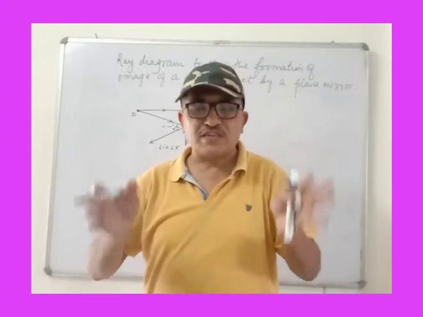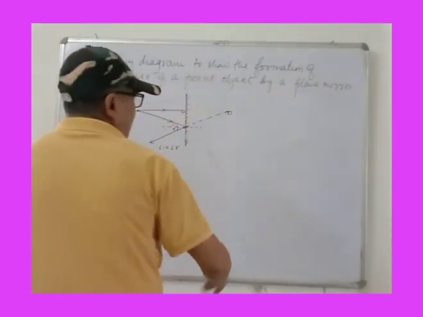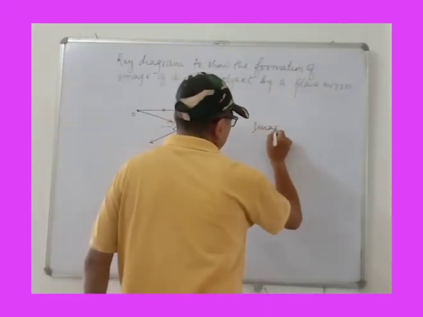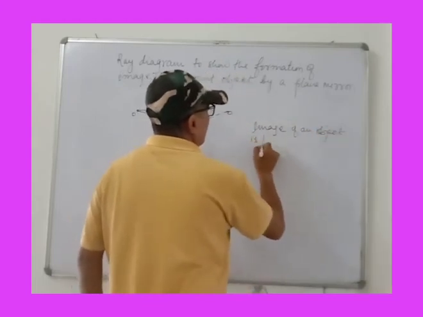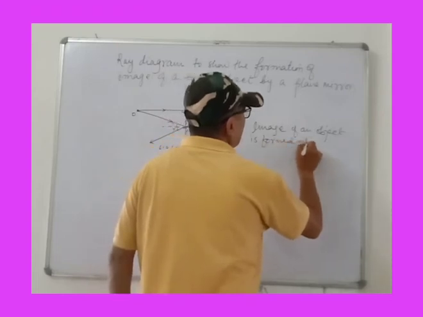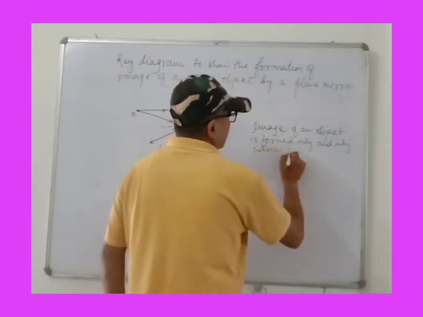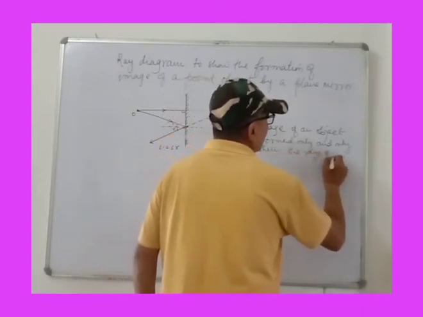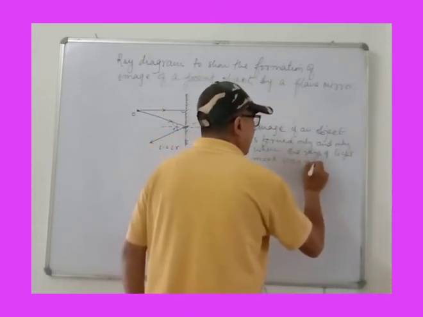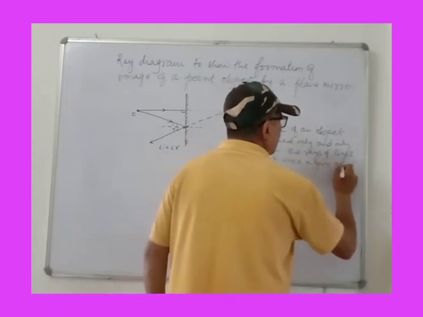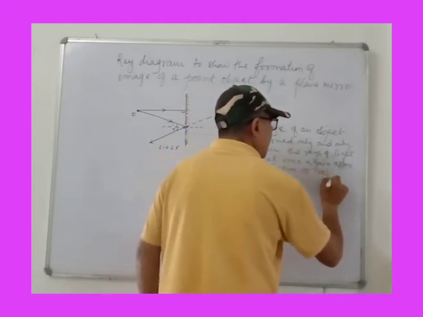Image of an object is formed only and only when the rays of light meet once again after reflection or refraction.